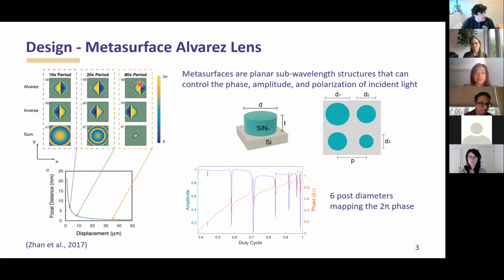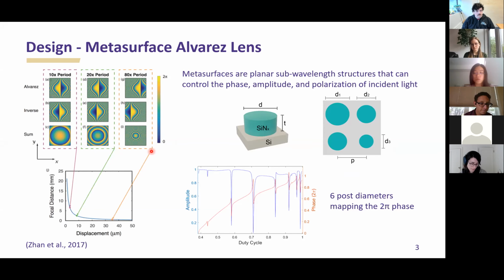And you can see in the graph here, the top two rows are showing the pair of Alvarez lens and the inverse Alvarez lens. When they are combined, which means when they are overlaid on top of each other, they form a quadratic phase profile as shown below, which mimics the behavior of a conventional converging lens.